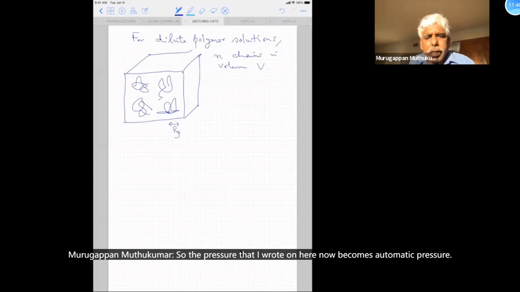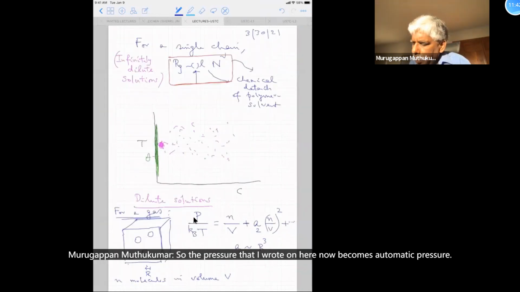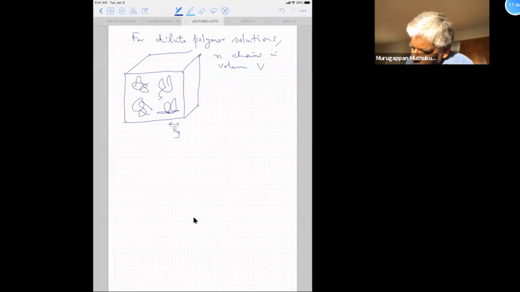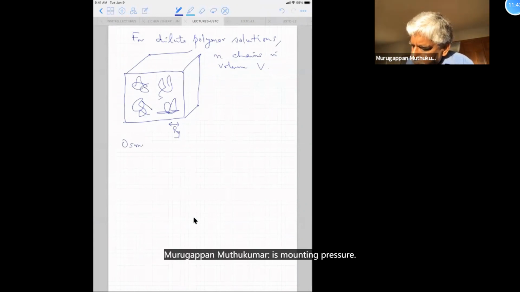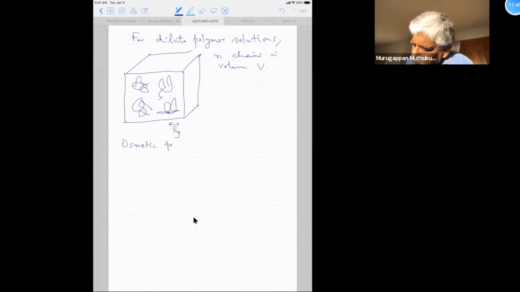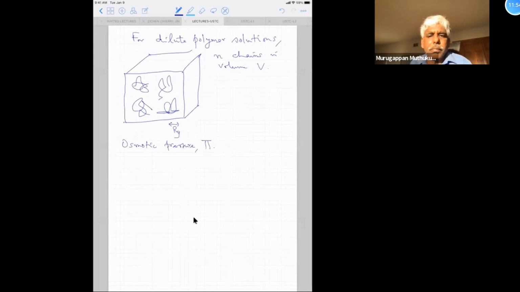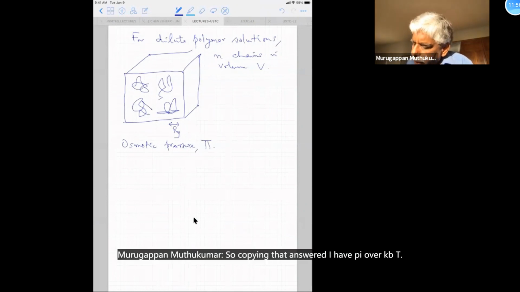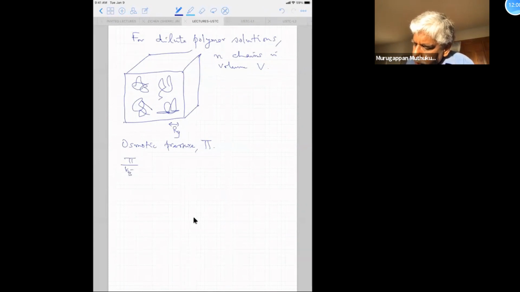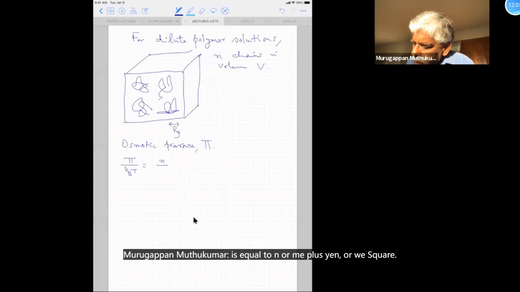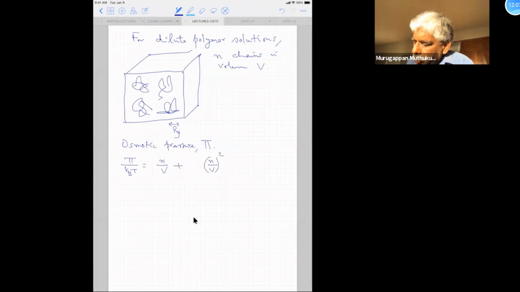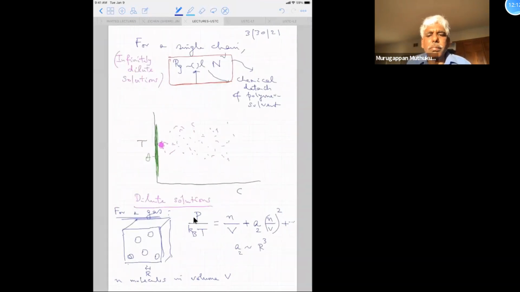So the pressure that I wrote down here now becomes osmotic pressure. Let me write the letter pi for this. So copying that answer, I have pi over kBT is equal to N over V plus N over V squared A2 plus etc. It's exactly what I wrote down here.